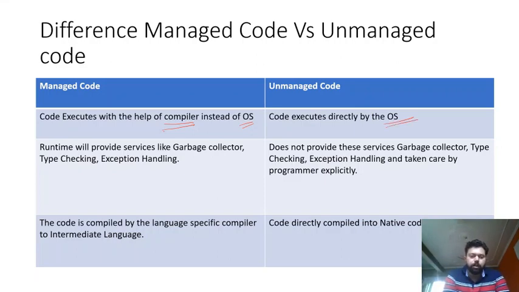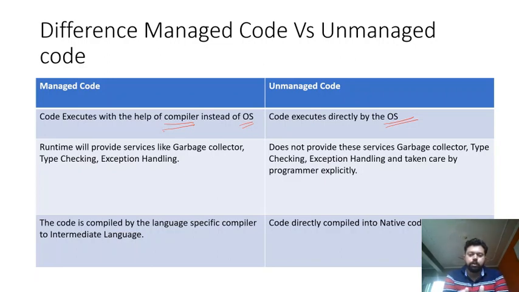The second difference is that managed code provides some services like garbage collector, type checking, and exception handling. Why are these services provided? Because these are the services which are available in the runtime.